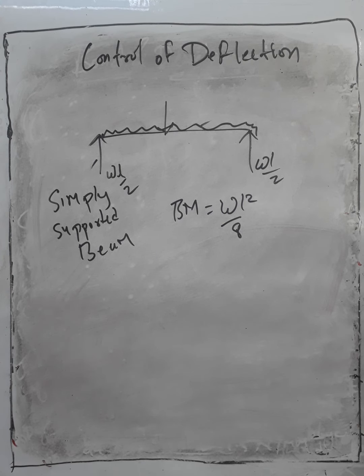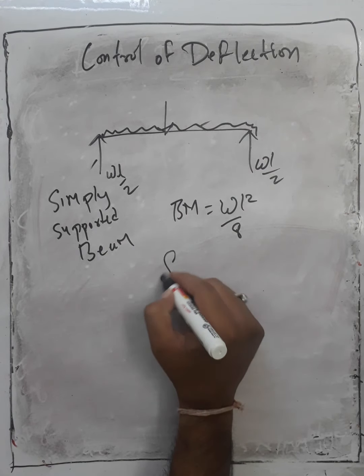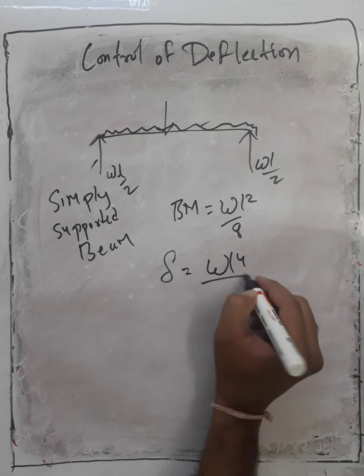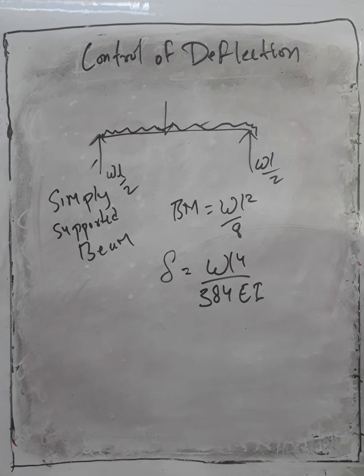If we consider a beam with UDL, the deflection is equal to WL^4 upon 384 EI. You already did how we find this in the structural analysis subject, so I skip that part, but we know that for the UDL case in a simply supported beam, delta, the deflection, is equal to WL^4 upon 384 EI.